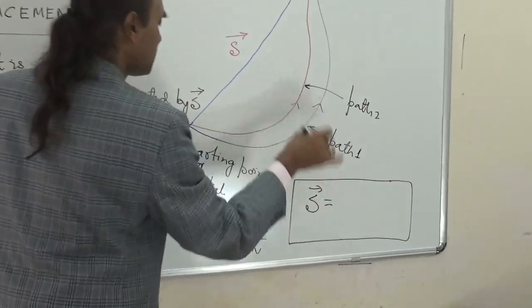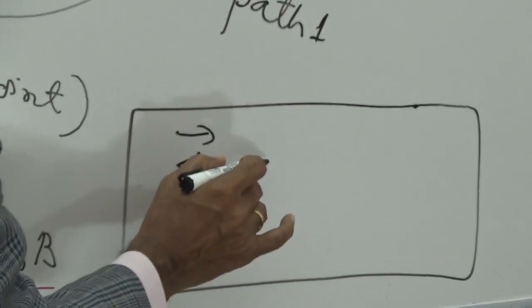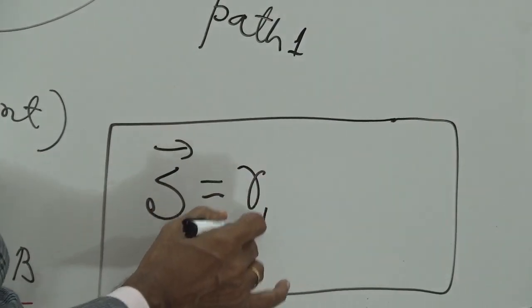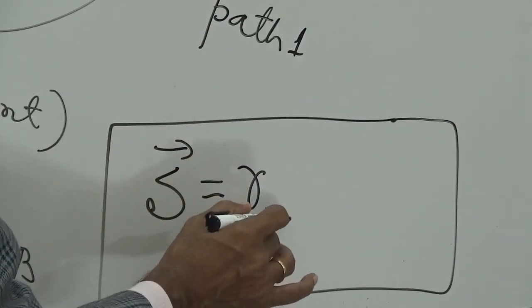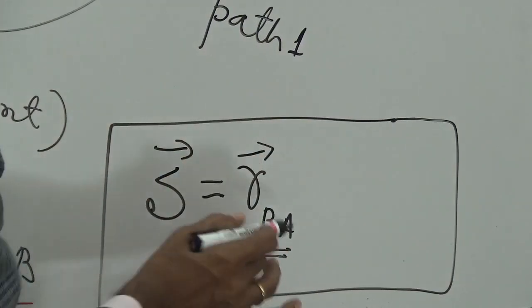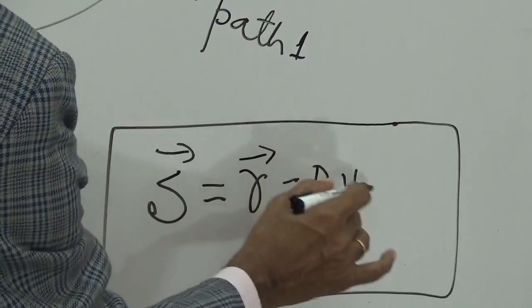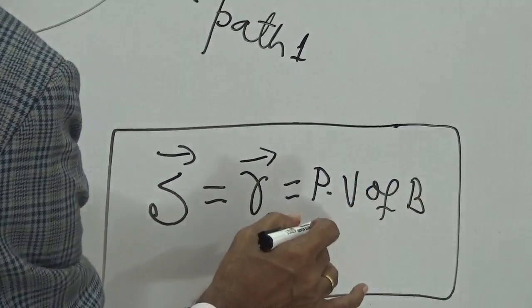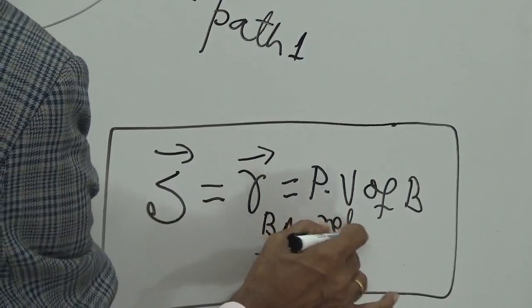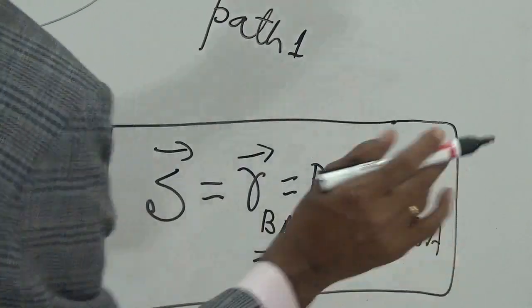Displacement vector is defined as the position of the final point with respect to the initial point. Position vector of B relative to A.